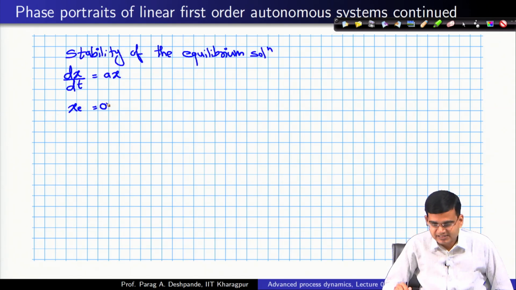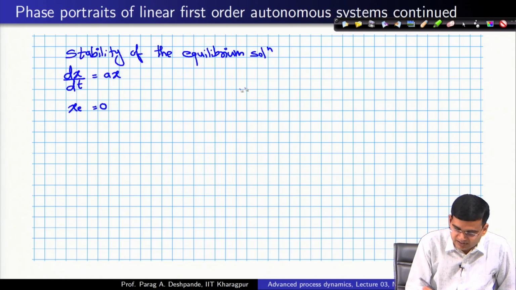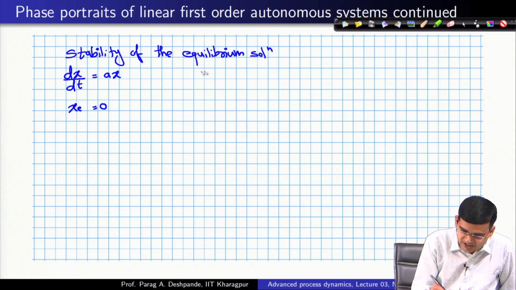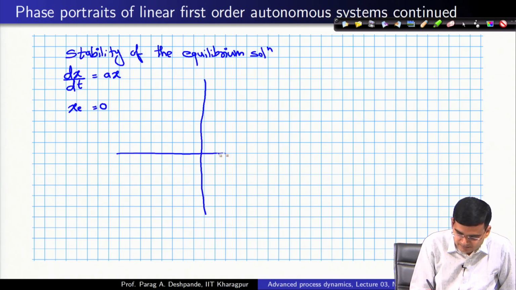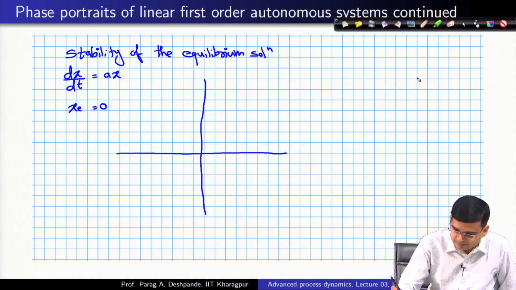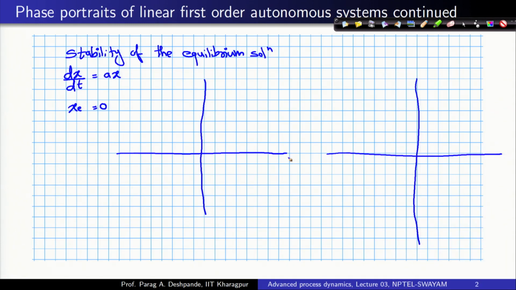So, can we assess this using the phase portrait? Well, we can draw the phase portraits here again. So, this is t, this is x, this is t, this is x, and the phase lines look like this. These are the phase lines.